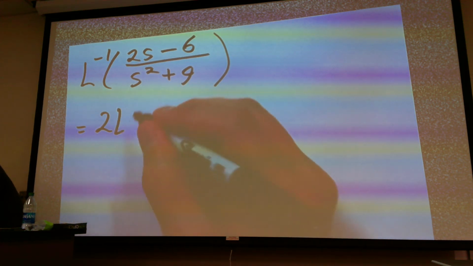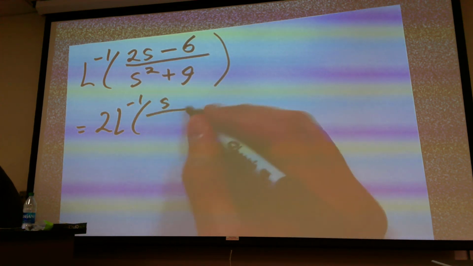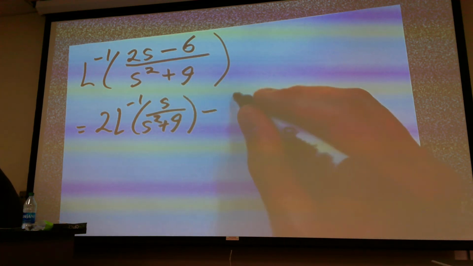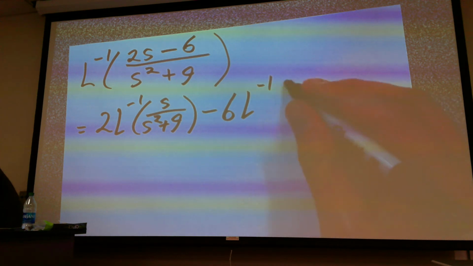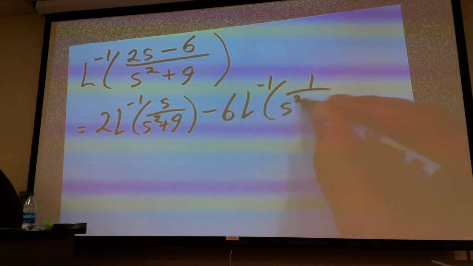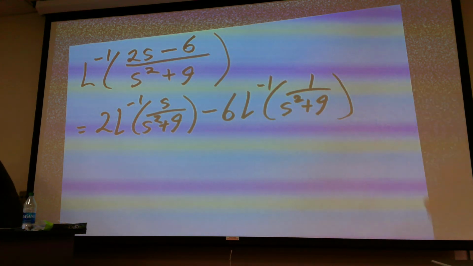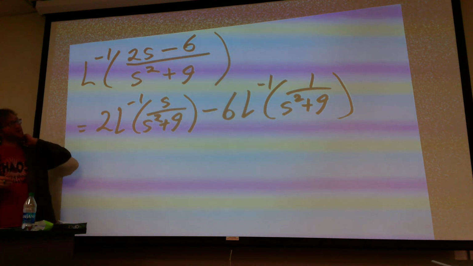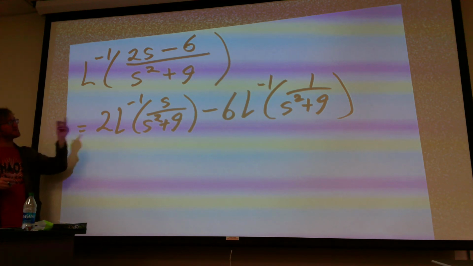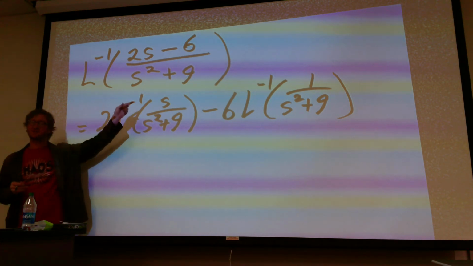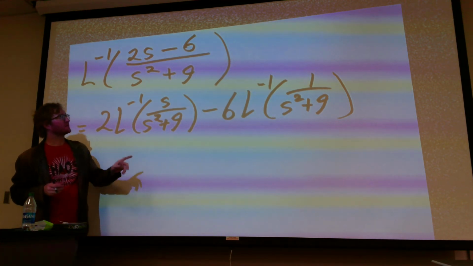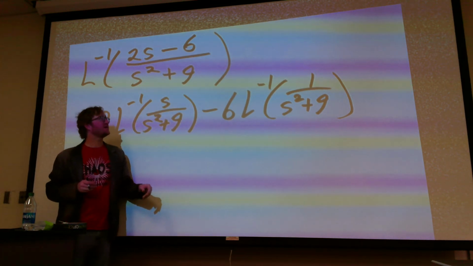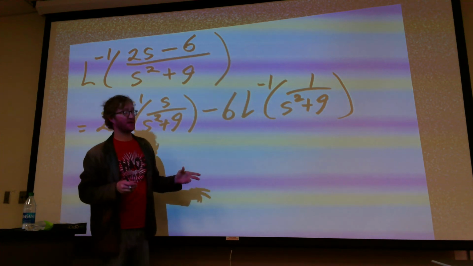This is 2 L inverse of s divided by s squared plus 9 minus 6 times L inverse of 1 divided by s squared plus 9. On the first one, you don't need anything extra because it's s divided by s squared plus k squared. But the second one needs a k divided by s squared plus k squared. Now, k squared is 9, so my k is going to be 3.